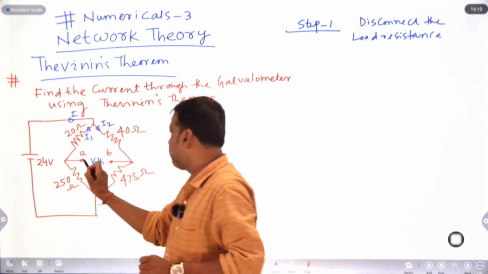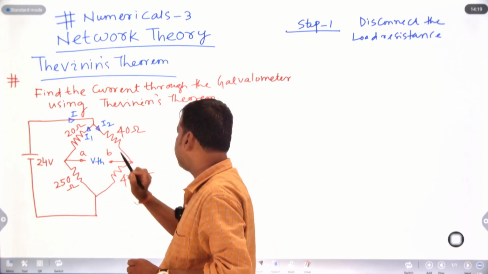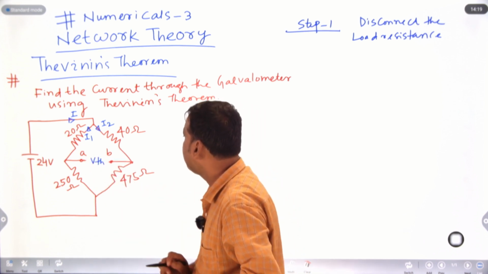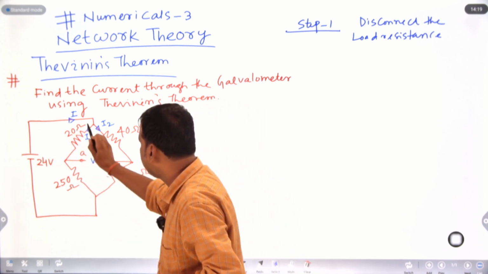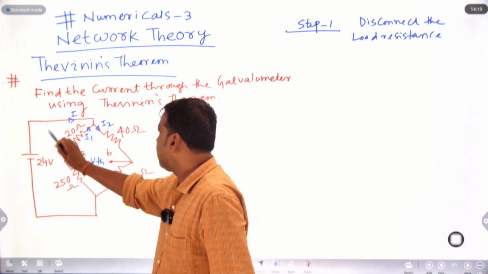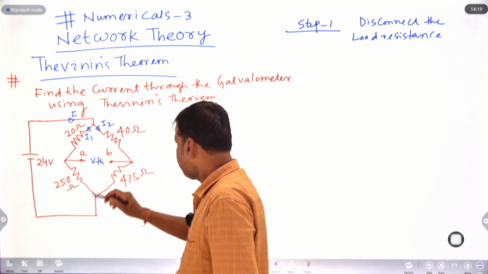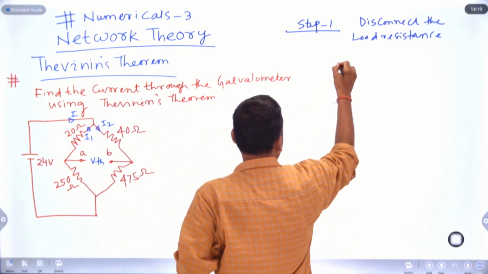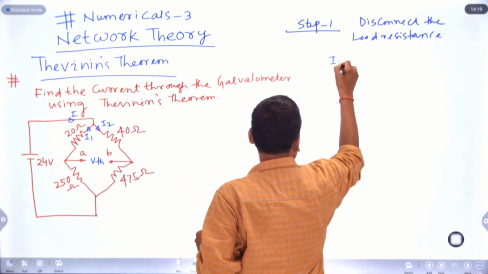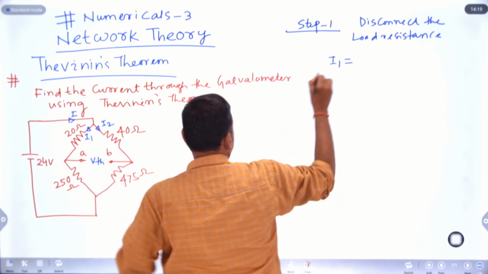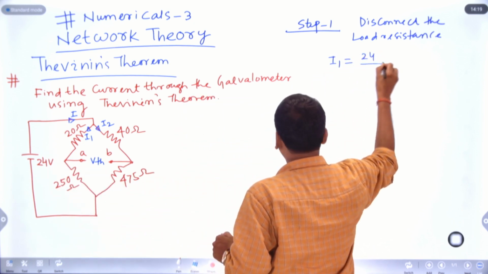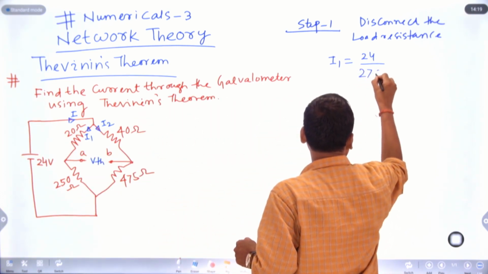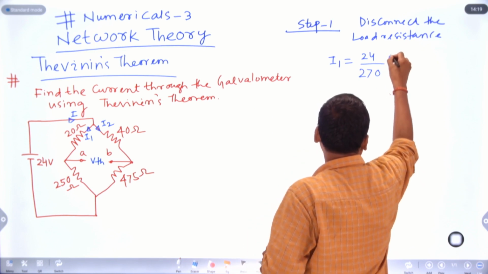The potential at this point is VA, and the potential at this point is VB. How to calculate VA? The value of I1 is the total voltage 24 divided by 250 plus 20, that is 24 divided by 270 ampere. I1 equals this.